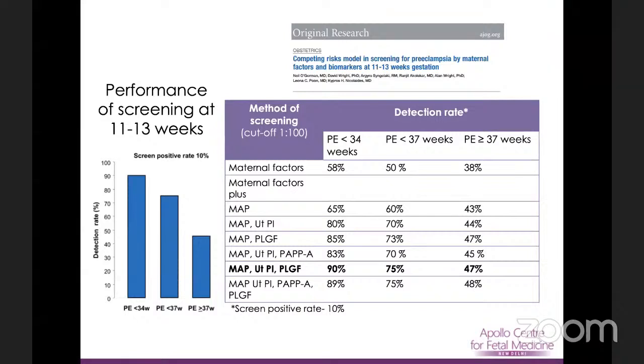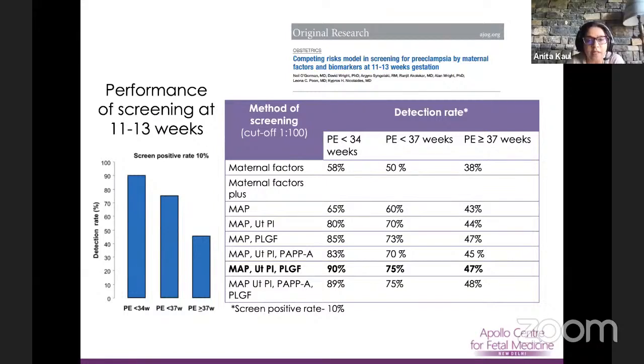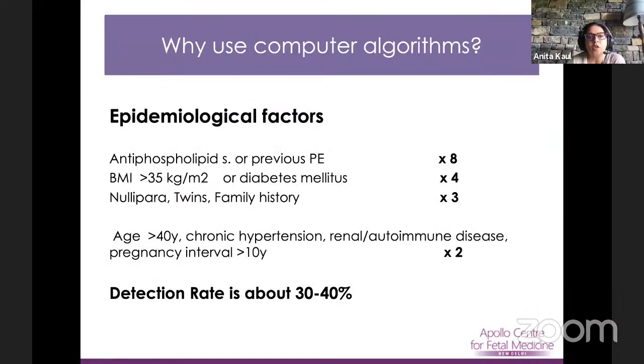All we're saying is the preeclampsia screening has to be universal, and then depending on your capacity and your patient's capacity, at least do maternal factors and mean arterial pressure. And the more things that you integrate in, the more efficient is your screening and the lower is your false positive rate. So there are fewer and fewer people that you need to start aspirin on.